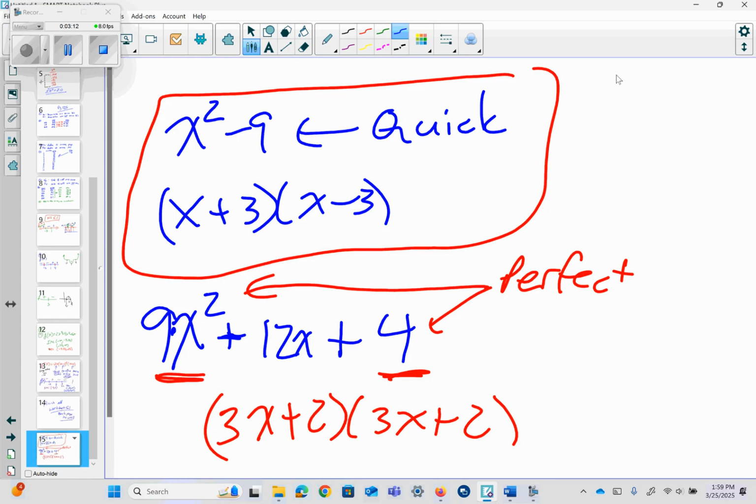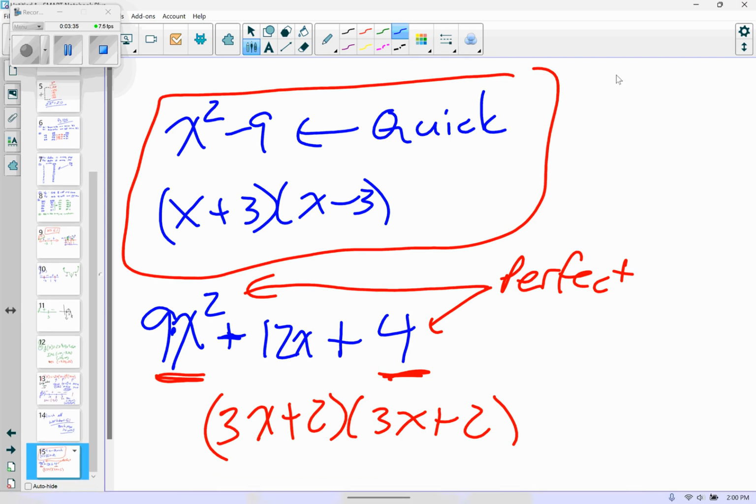Deal? All right, so what I want to do is go over 1 through 10 on 7.9 with the understanding that you can stop me if something doesn't make sense right away. Deal?